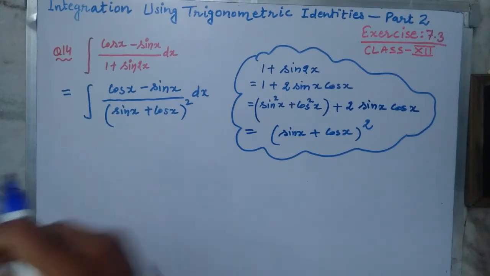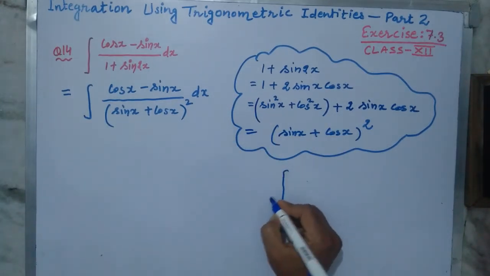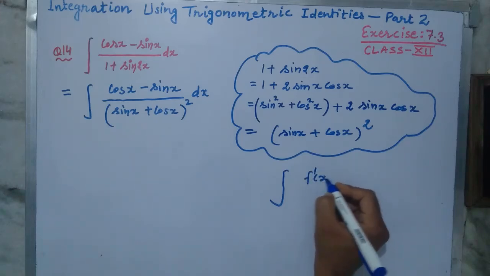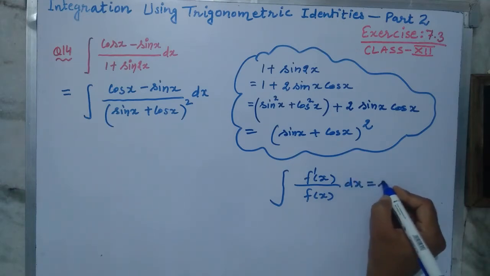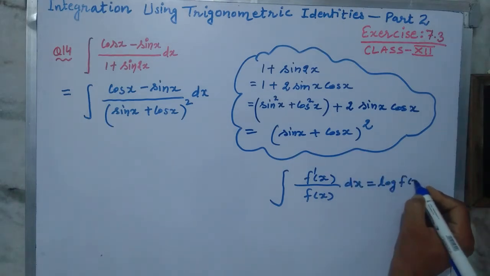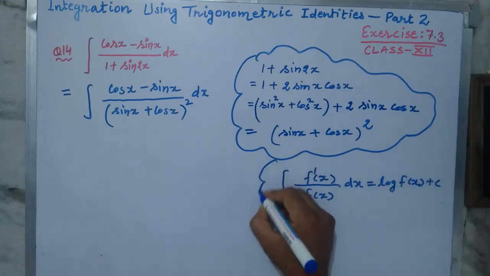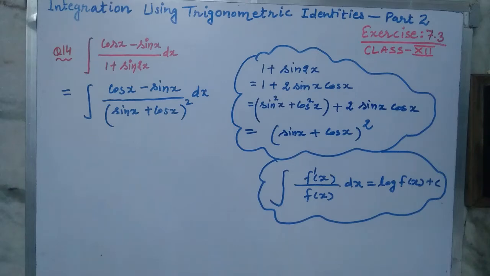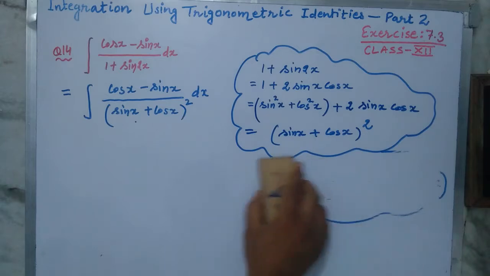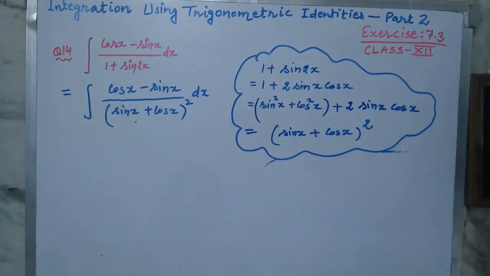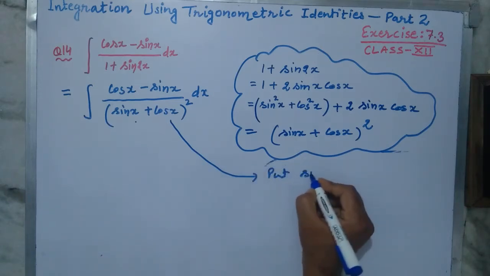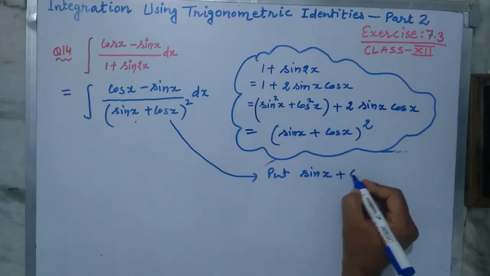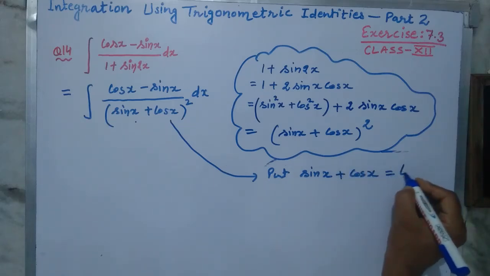So next what we have to think of, we know one rule, integration of f dash x upon f of x dx is equal to log of f of x plus c. So accordingly, or what we can say now, instead of this identity we put denominator, that is sin x plus cos x equal to t.